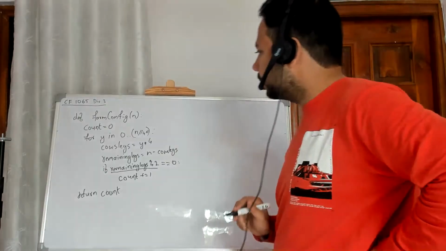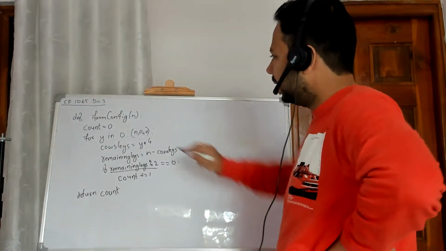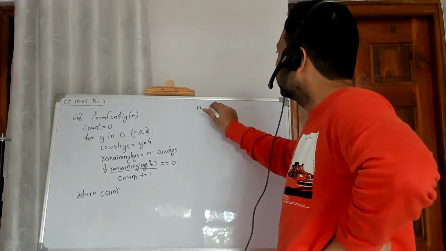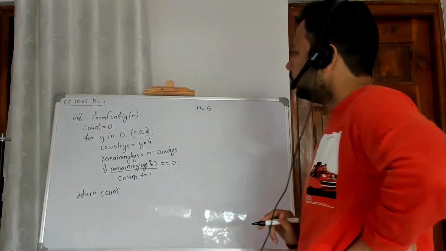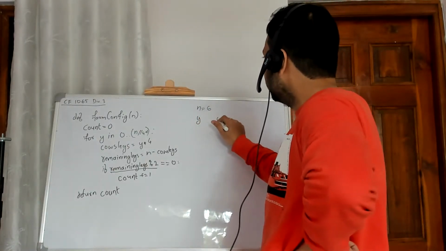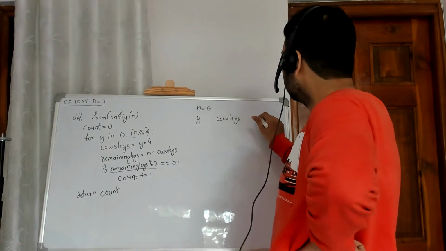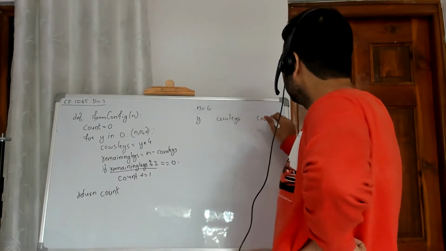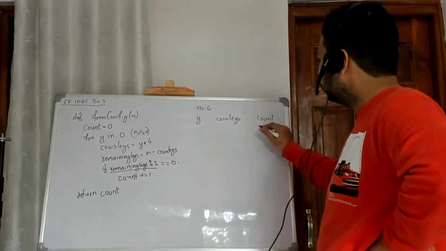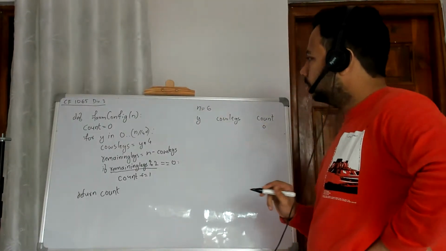Another way to do this would be to see, let's do a dry run on this. Let's say n is equal to 6. Then let's look at y, cow legs, and count. Initially count is 0.